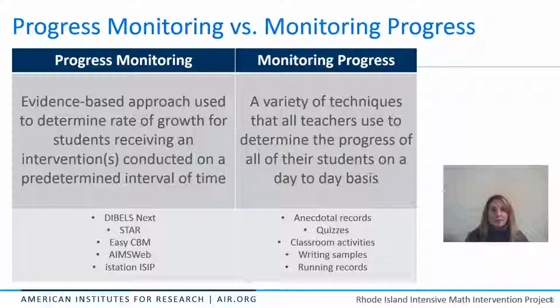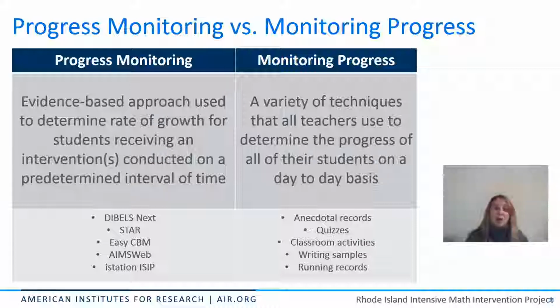As discussed in the previous slide, we're often using informal formative assessments in the Tier 1 setting to monitor students' progress. Those are a variety of techniques that teachers use to determine the students' progress on a day-to-day basis, such as quizzes, exit slips, running records, samples, anecdotal records, those kinds of things.